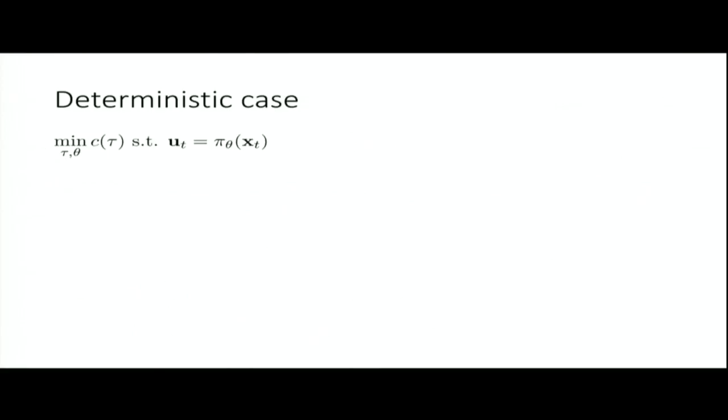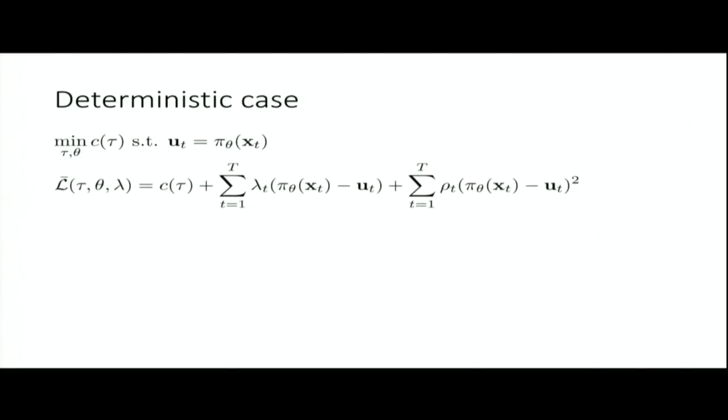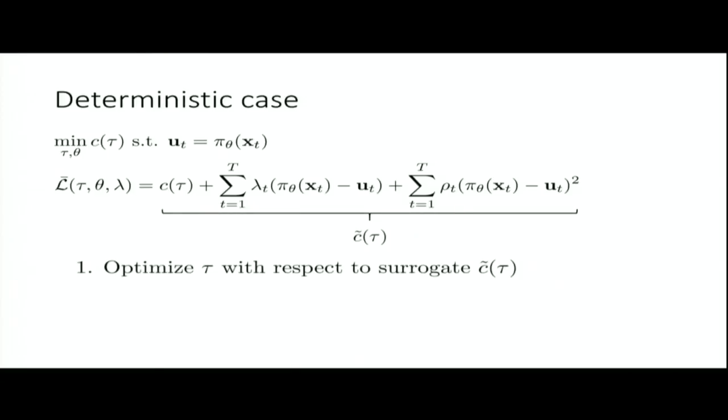So the first algorithm I'll tell you about is actually a deterministic version of this method. And here, this is the augmented Lagrangian, just like before. It's also the surrogate cost C tilde. And what this method is going to do is optimize tau with respect to the surrogate objective. It's actually going to do it using a collocation method rather than iterative LQR, but either one could work.